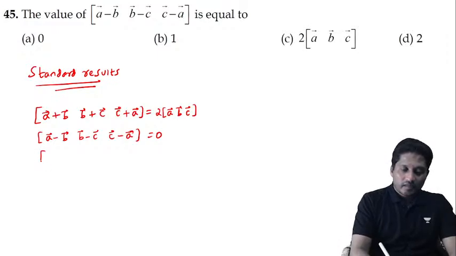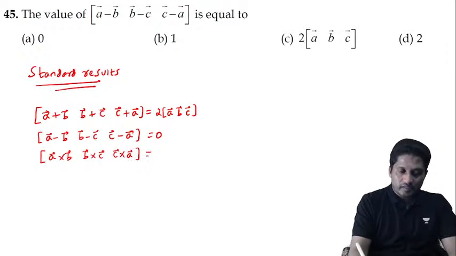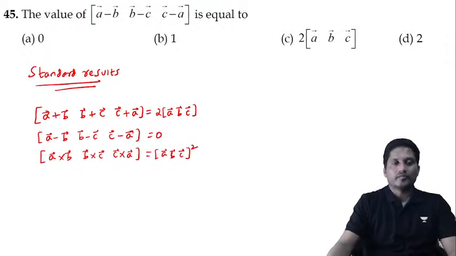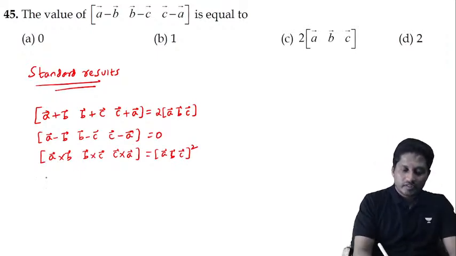And then box of A cross B, B cross C and C cross A is equal to box of ABC the whole square. Even this you've done.